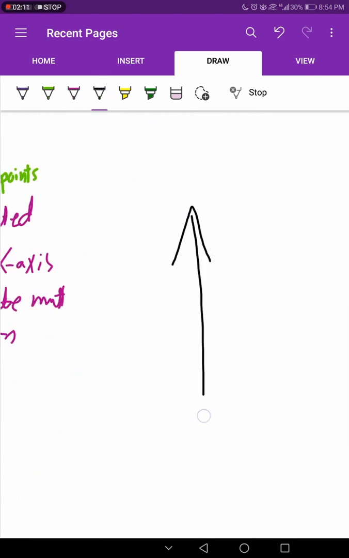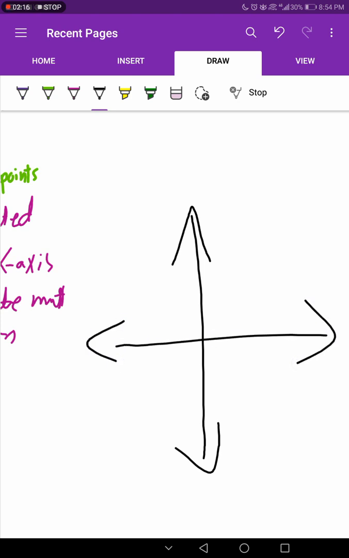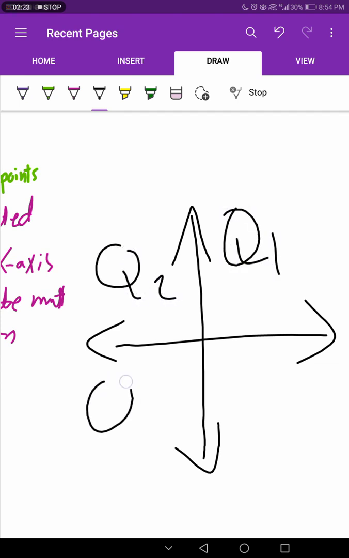So the quadrant, it is the coordinate plane divided into 4 parts: first quadrant, second quadrant, third quadrant, fourth quadrant.